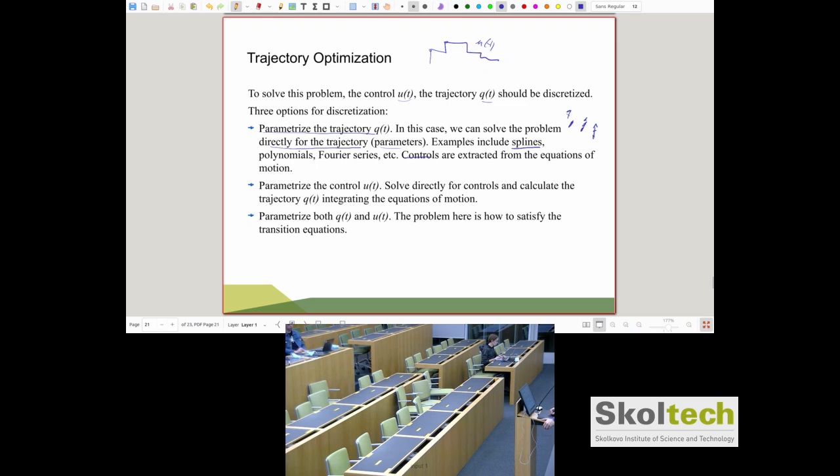Here, yes, controls. Then what you will have is discrete controls, right? So these are the variables you are optimizing. Another solution is you parameterize the control signal, okay?